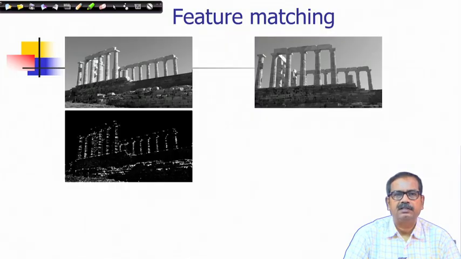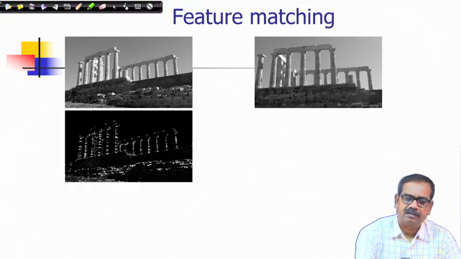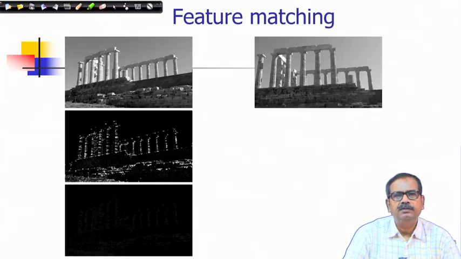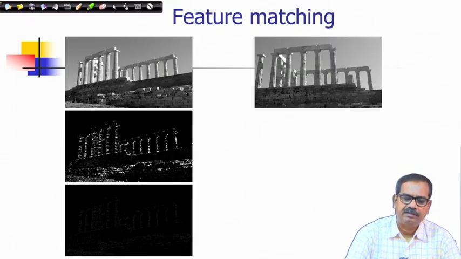Consider these operations where you first define a measure like the Harris corner measure, and then from there you get the feature locations by finding the local maxima out of this set of points, and those points define your feature points.